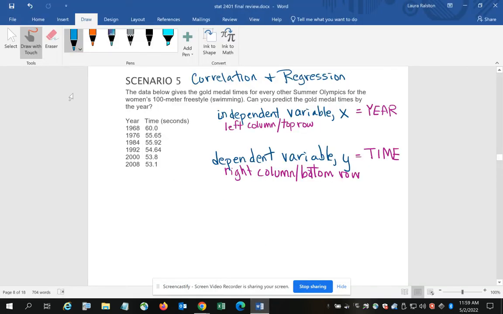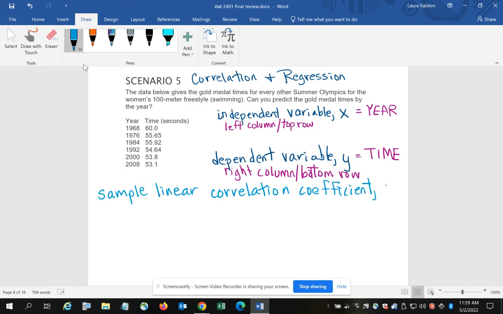So one of the next questions you get is what is the sample linear correlation coefficient, which is R. And R is a measurement of the strength and the direction of your relationship. If you go back and look, we found that R was negative 0.904.